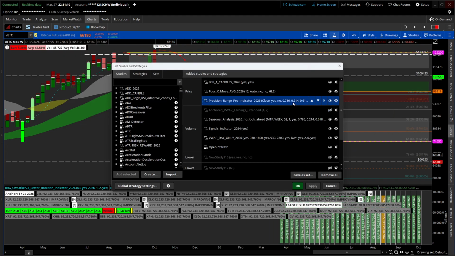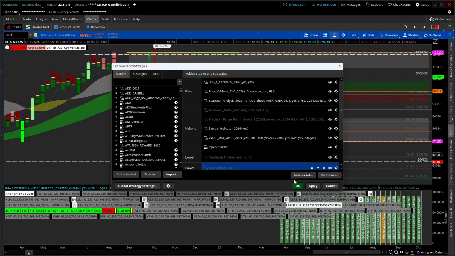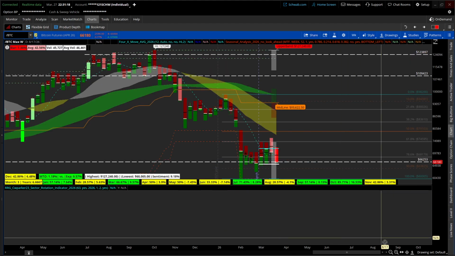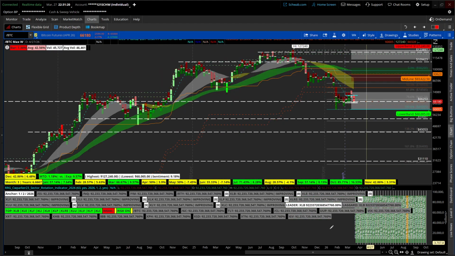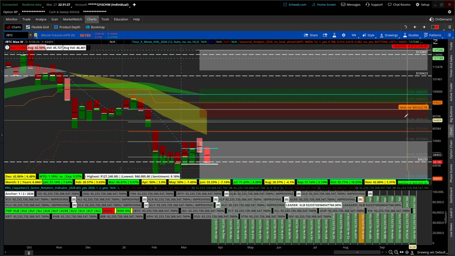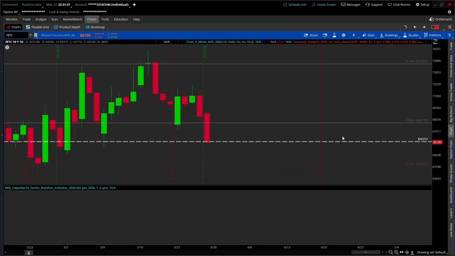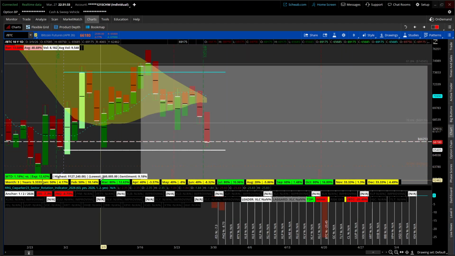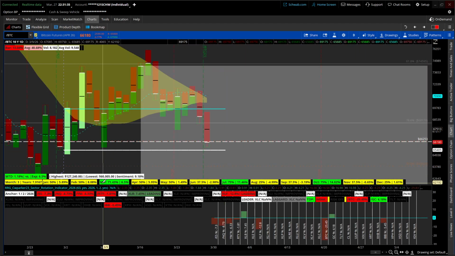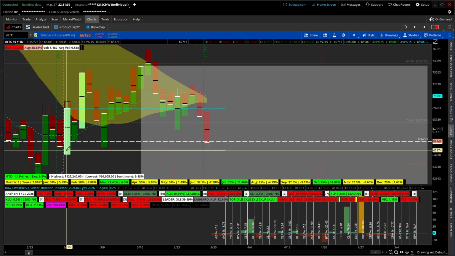I take the precision range indicator off, and we can push the seasonality back up. For Bitcoin, March was a good month. On the 10-year view, it's usually up. It actually did hit its mark.